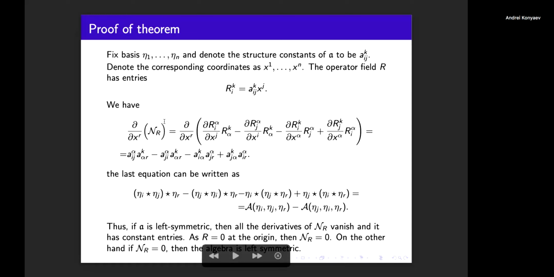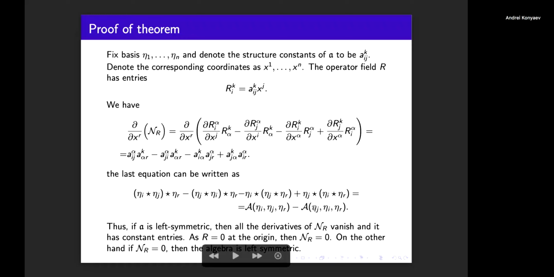So we take the derivative of this Nijenhuis torsion, and we get the following formula. These are the structure constants of the left symmetric algebra we started with.